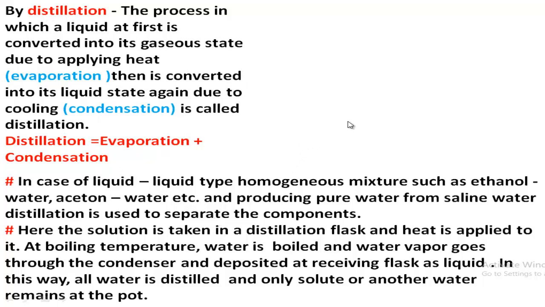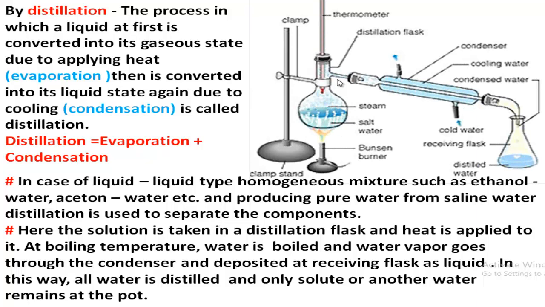So here, follow the picture. This is the arrangement of the distillation process. Here this is a distillation flask, and inside this flask at first we will take the homogeneous mixture of water and ethanol, or acetone-water, or saline water.